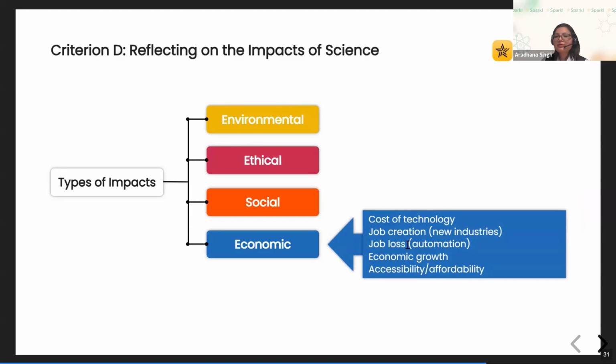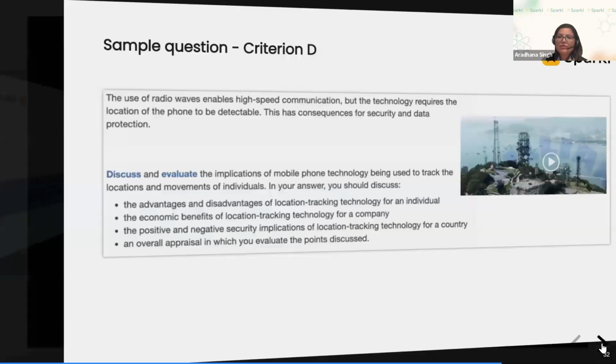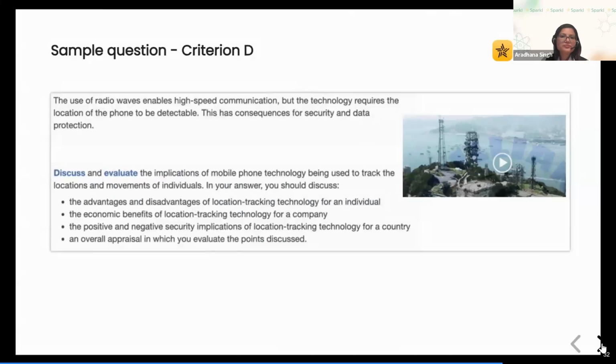It is a new technology, but people fear that it can take their jobs, right? Economic growth, is it contributing to the growth of the country? Accessibility and affordability, is it accessible to all people, or only rich people, or only poor people, right? So these are the certain aspects you can think of, and accordingly you can write the answer.